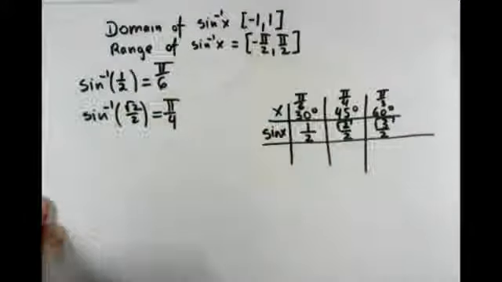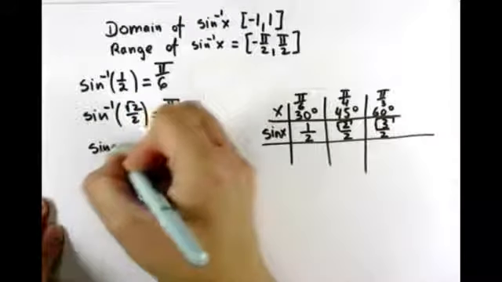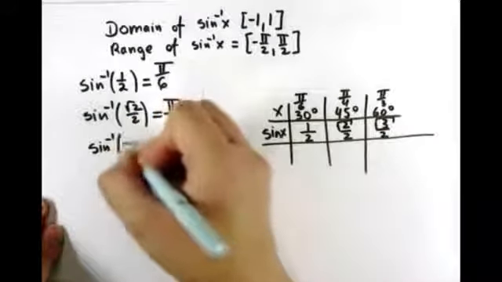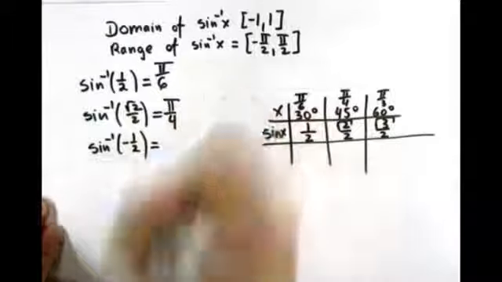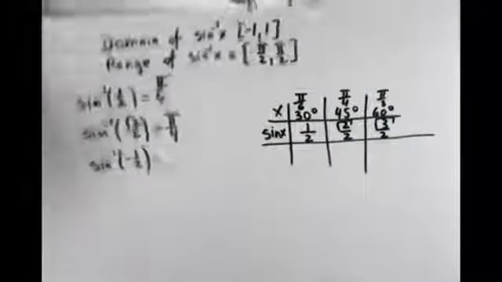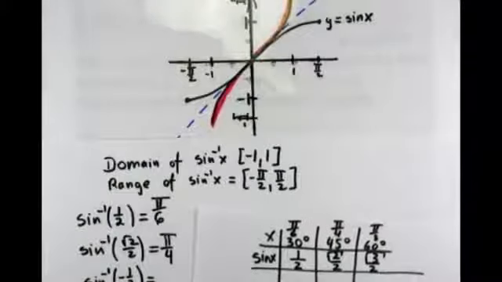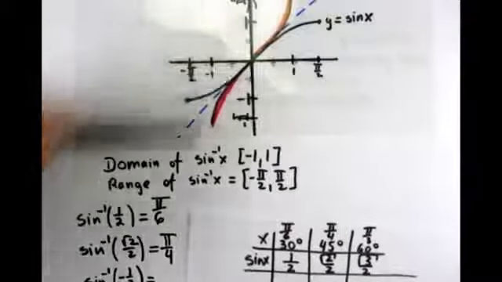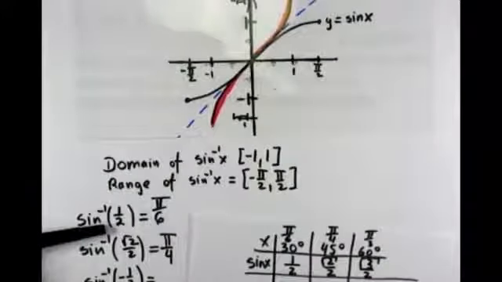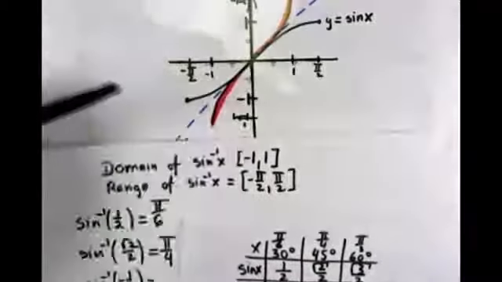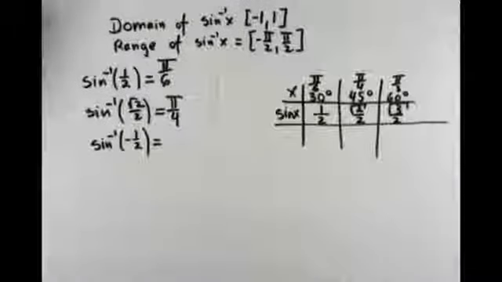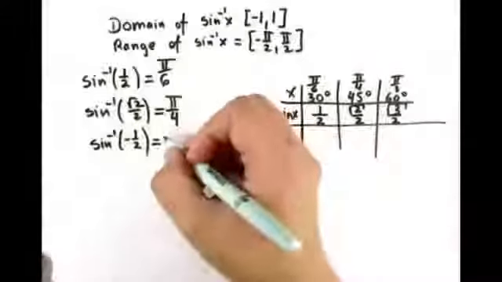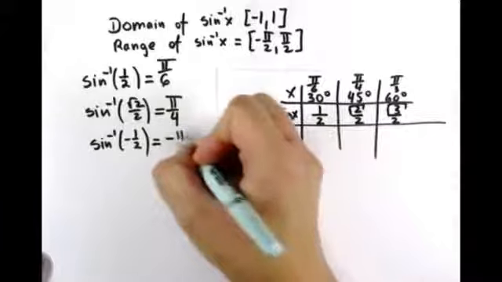Okay, then we have sine inverse of minus 1/2. If we look at the graph, minus 1/2 is right here. So the value is the same as pi over 6, except it's on the minus side. Okay, so in that case the value is minus pi over 6.